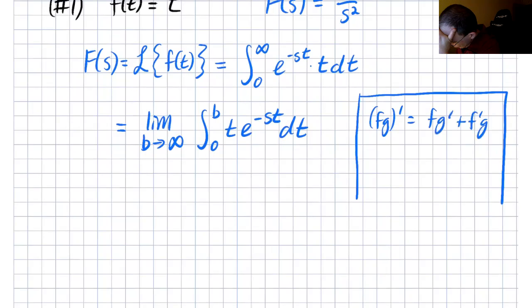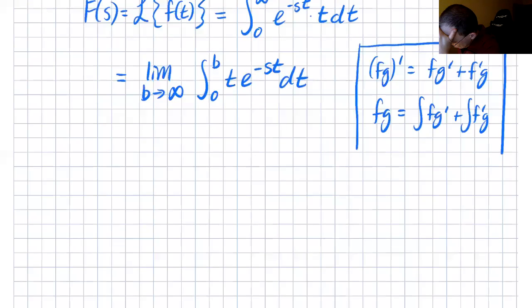If we integrate both sides, then we get the integral of f g prime plus the integral of f prime g. Let's take this one to one side. So we'll have fg minus the integral of f prime g.